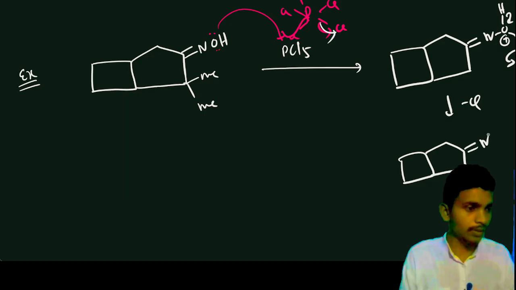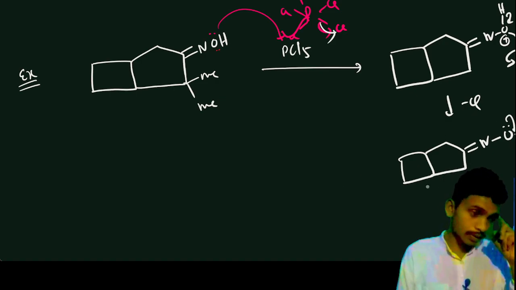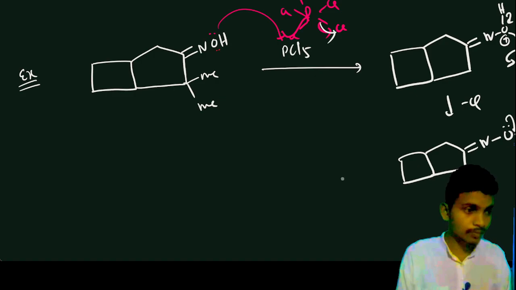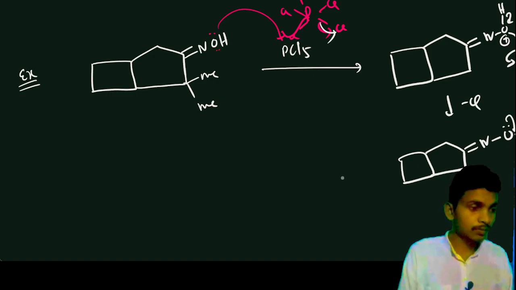This is going to be N, and this is going to be the O, and here P, with Cl, Cl, and Cl. So this lone pair is there, and again it will attack here. So what will we get now?